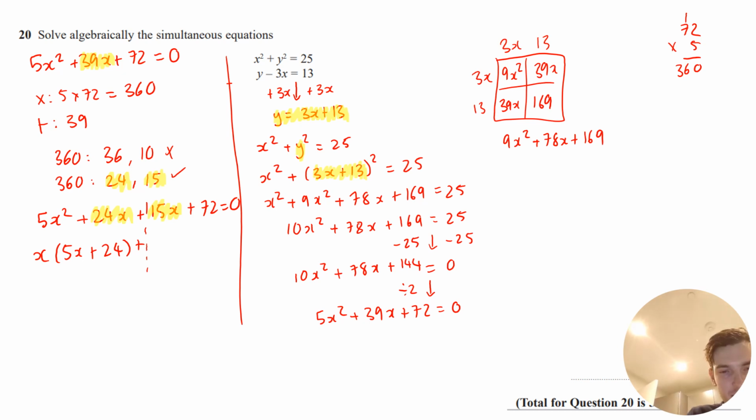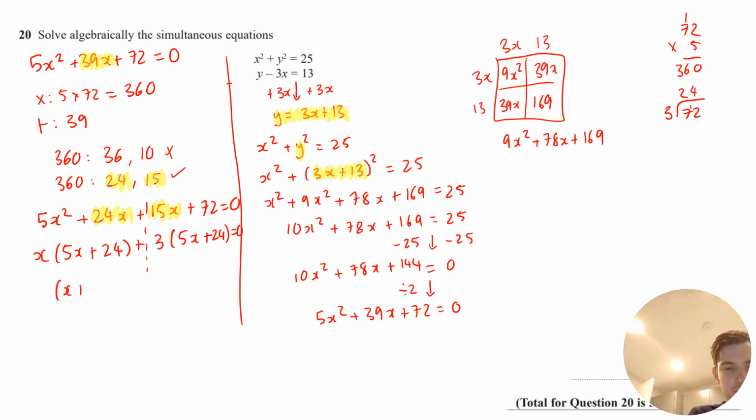I think I can take out a 3 here, not a 3x, just a 3. 5x plus 3 into 72 goes 24 times. And actually, I'm really happy to see that because I got 5x plus 24 on both sides. So that's good news for us.